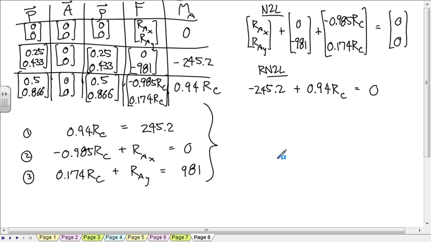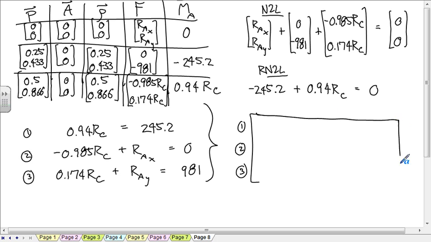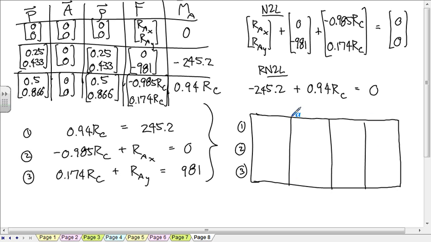You can write this as an augmented matrix now. So if you think of this row as representing equation 1, equation 2, and equation 3, I'm just going to write it out like this. This column represents our RCs.